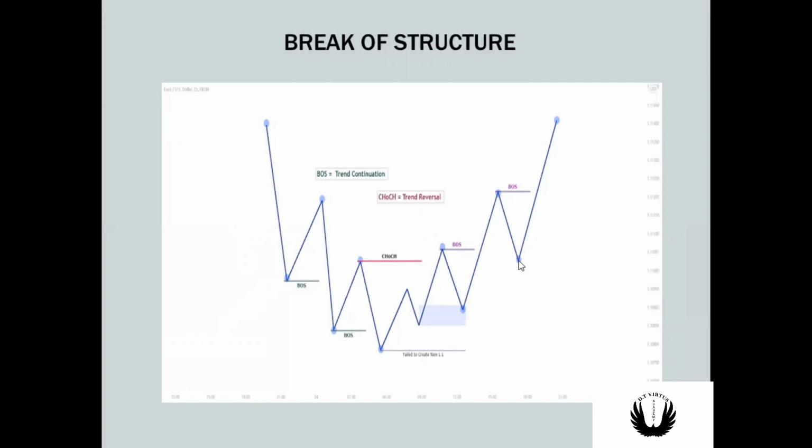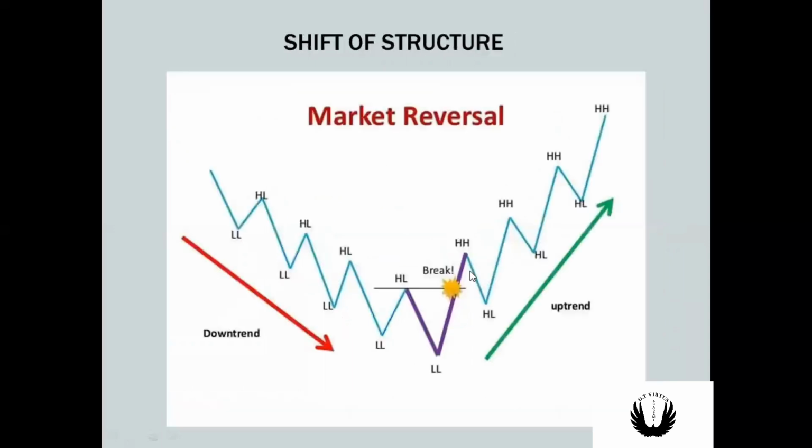For a normal trend, the market will not create a higher low below this low. It has to respect this low and just move up. So the moment you create a higher high, this higher low is valid. Then the market can retrace to this area, then move up. So that is how it's going to be.